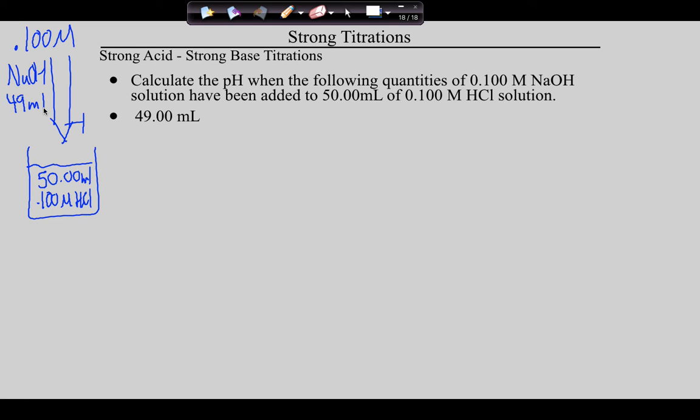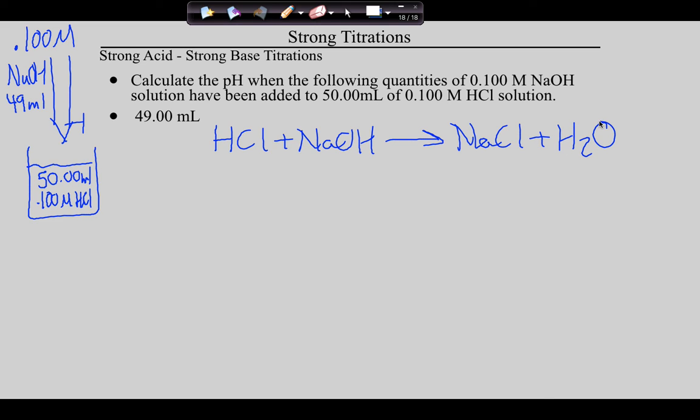So guys, let me show you an easier way to solve this problem. So what does the pH depend upon? And the answer is, the pH of this depends upon the amount of HCl that has not been consumed. Does that make sense?